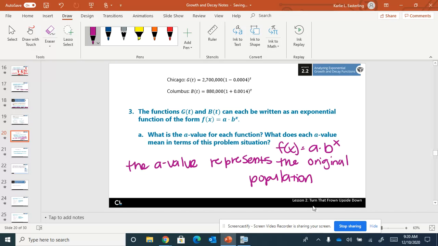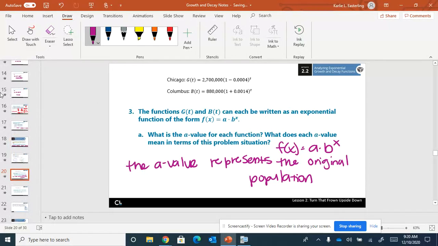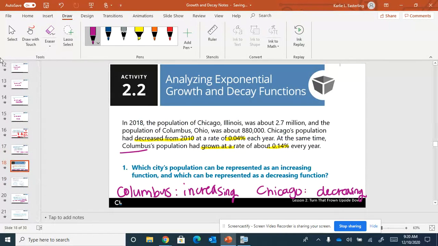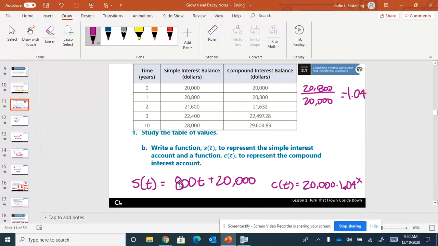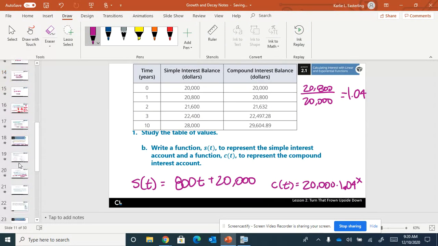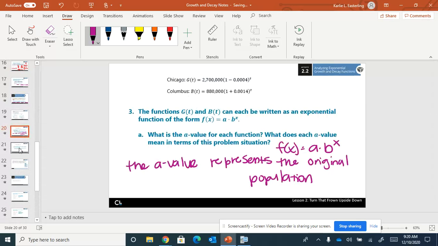So, our a values earlier, let's come all the way back up here. Where's our equations? Right here. So our a values earlier, remember, is where we were starting with that dollar amount. So your a value is pretty much whatever function you're looking at. It's your starting value. Earlier we were talking about money. Now we're talking about populations.